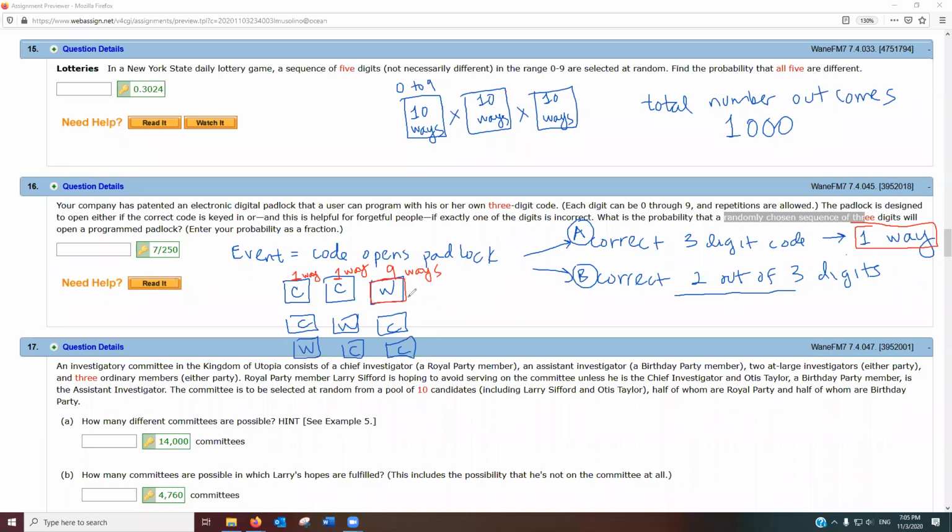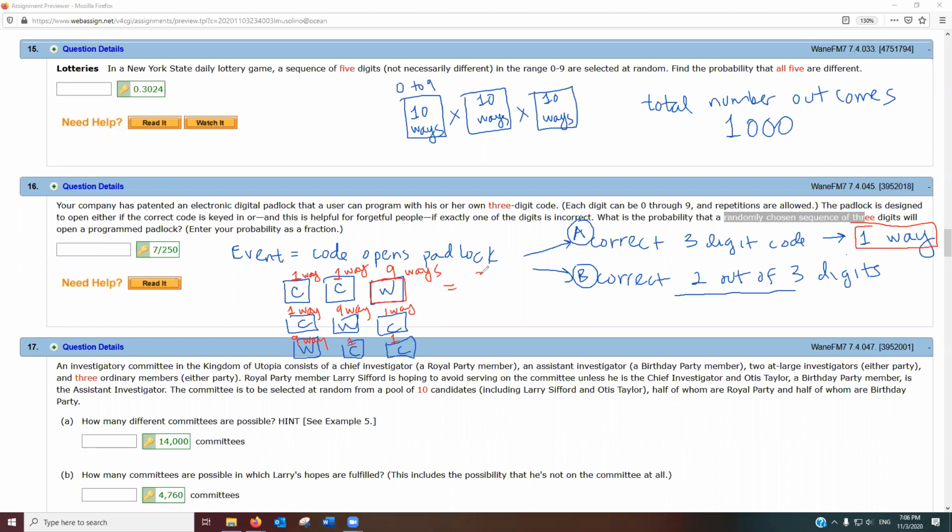So that's why there's only 9 ways to get the wrong digit. That one other digit that I'm leaving out is the correct digit that goes in that position. Well, the same thing here. There's going to be 1 way for this box, 9 ways to fill in this box, and 1 way to fill in this box. And again, there's 9 ways for this, 1 way here, 1 way here.